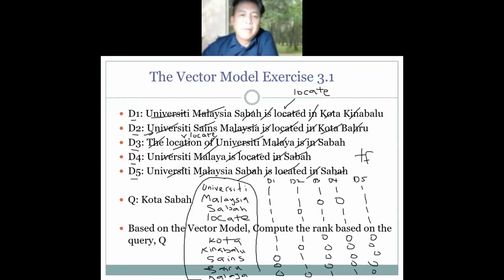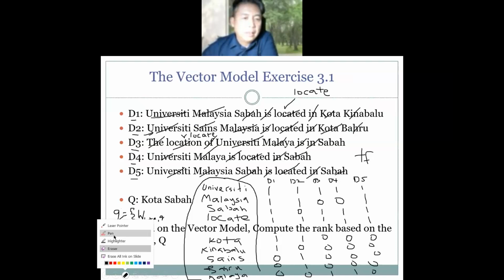Once you construct the TF-IDF, then you need to, okay, this is your Q. So your Q, you need to find the weightage of the quota in Q. Okay, and also the weightage of Sabah in Q.